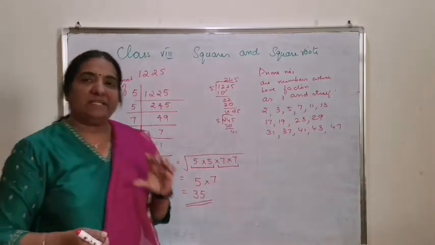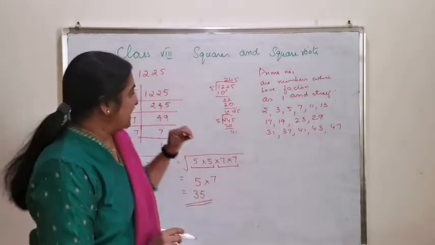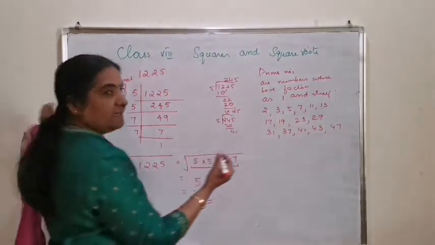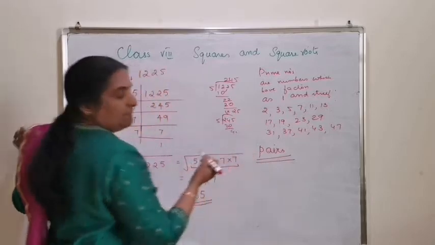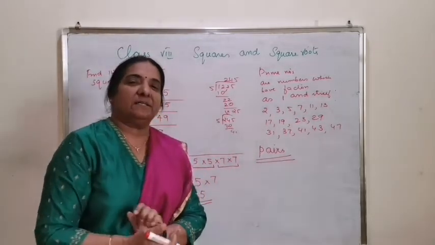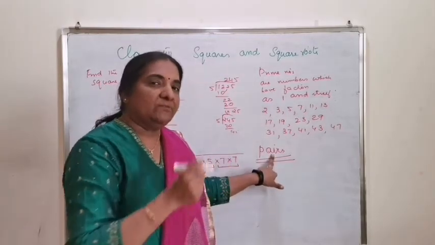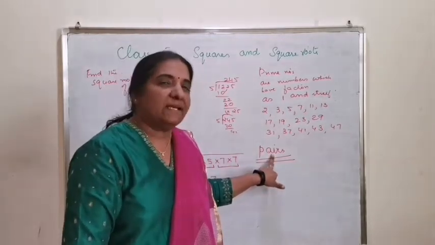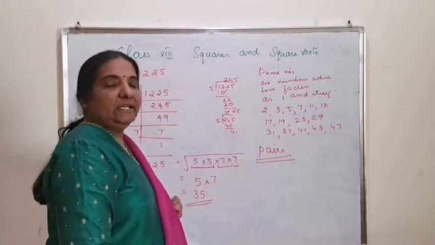So when you find the square root of a perfect square number, the prime factors will occur in pairs. For a perfect square number, the prime factors will occur in pairs, and one of the factors will be taken for the square root of that particular number.